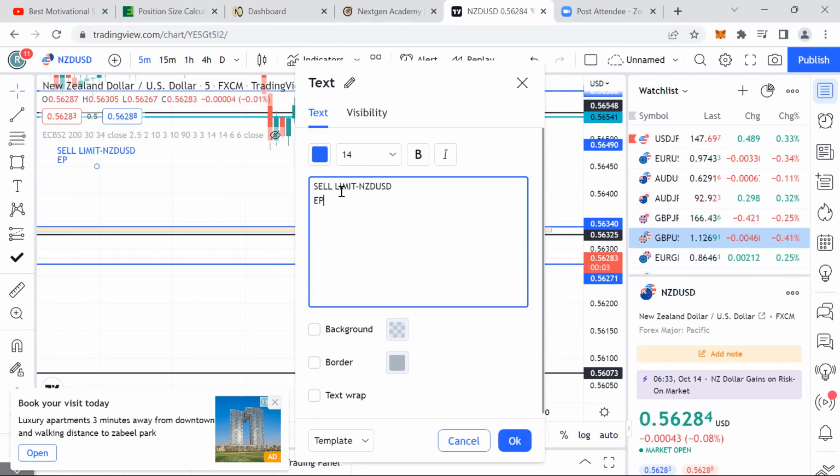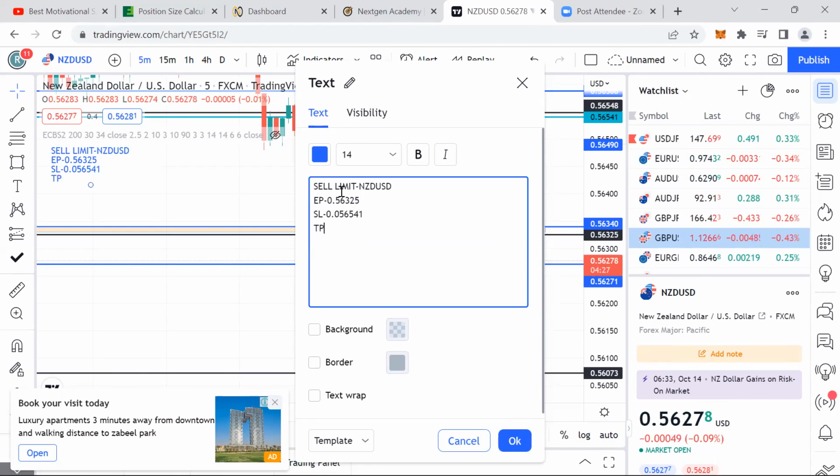Entry price, which we can call EP, 0.5325, you can use the lower area. Stop loss, that's SL, 0.56541.